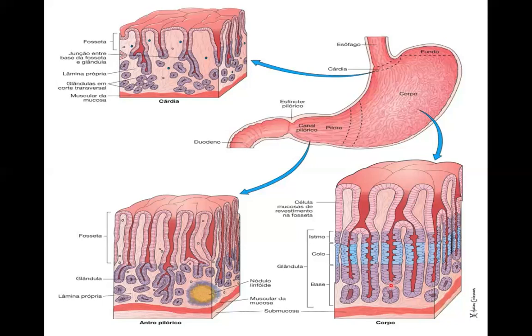Then at the bottom of the gland, you will have another type of cell called the enteroendocrine cell. Enteroendocrine cells are referred to as APUD, amino precursor uptake decarboxylation, and they belong to the DNES, the diffuse neuroendocrine system.